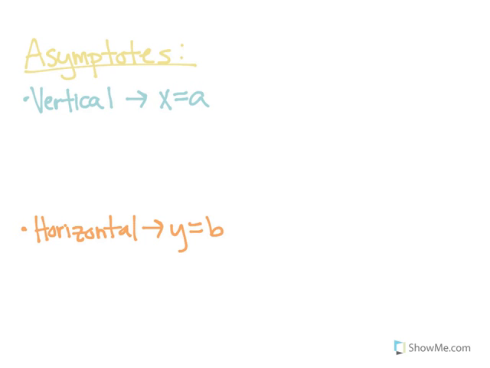So, for example, a vertical asymptote would be something that looks like this. It's like an imaginary line that your function will run alongside. So something like this, where it's not going to pass, and like this. It also will not pass that imaginary vertical line.